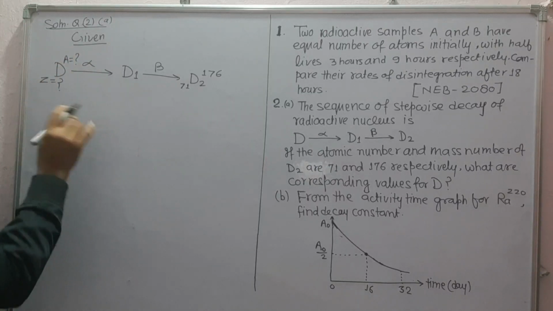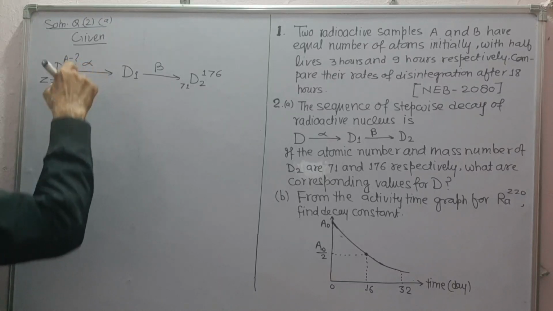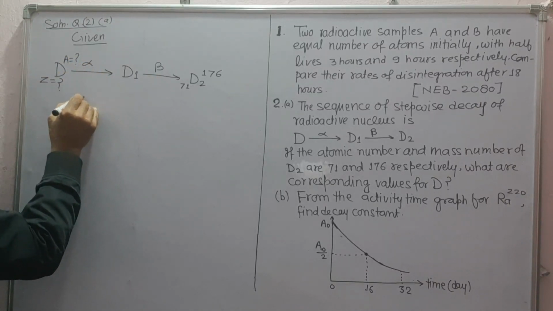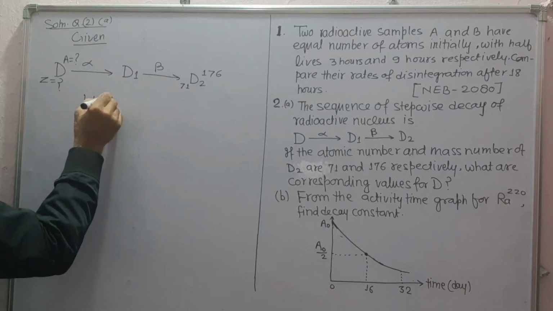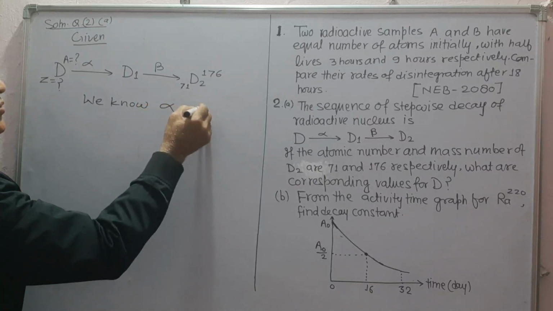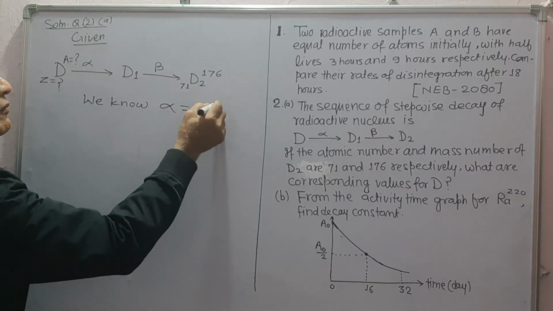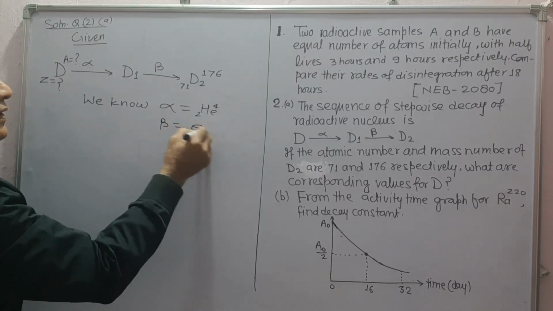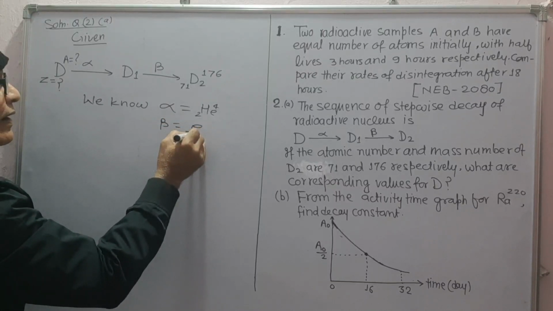Now, as we know, alpha is equivalent to helium 2 4 and beta is equivalent to electron.